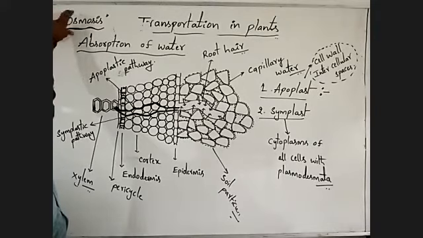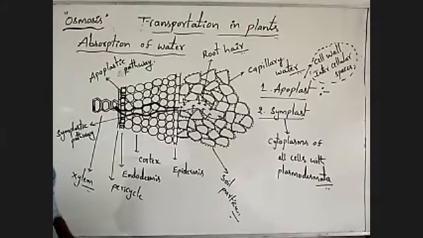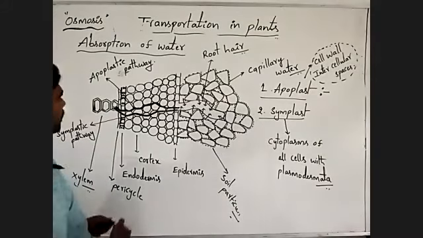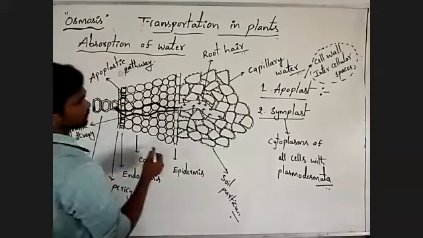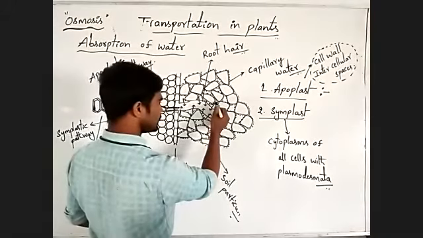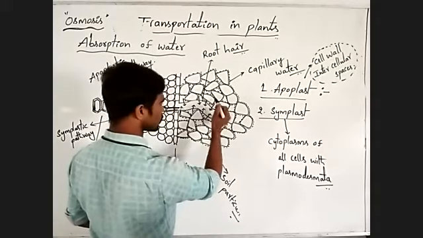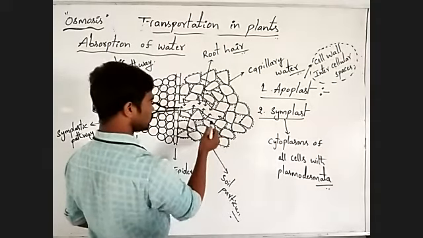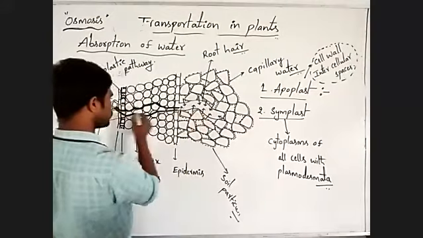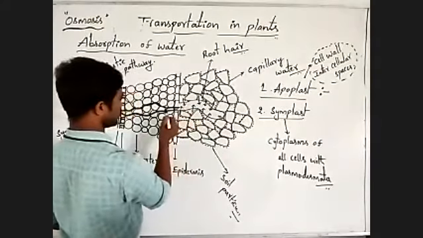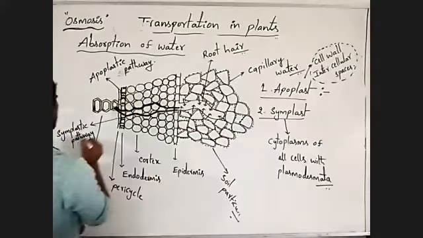That is why it is a passive pathway. There is no energy requirement in this process. By osmosis, water enters the root hair cell from the soil. Next, water is transported to the xylem from the root hair by these two ways.